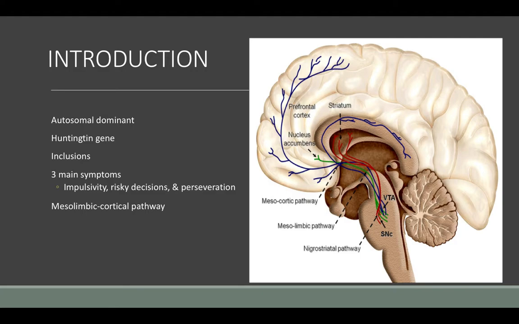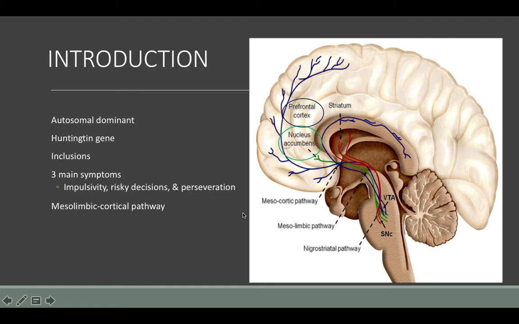So we're looking at the mesolimbic cortical pathway, and we're looking at this pathway because of 2 nuclei in particular. We have the nucleus accumbens, and here is circled the prefrontal cortex, but we will be looking at the anterior cingulate cortex, which is just a little closer to this structure here, which I believe is the corpus callosum.